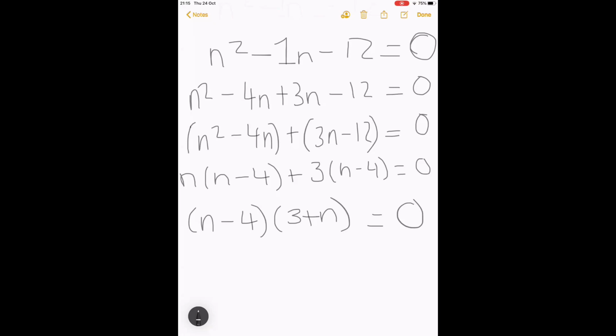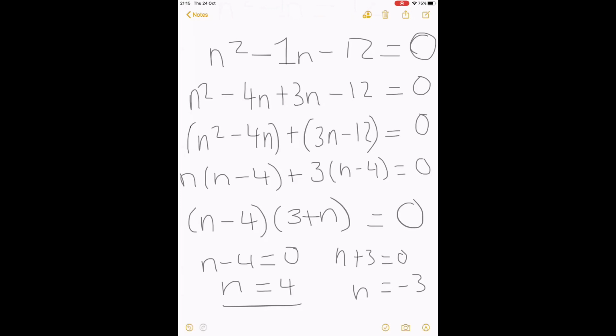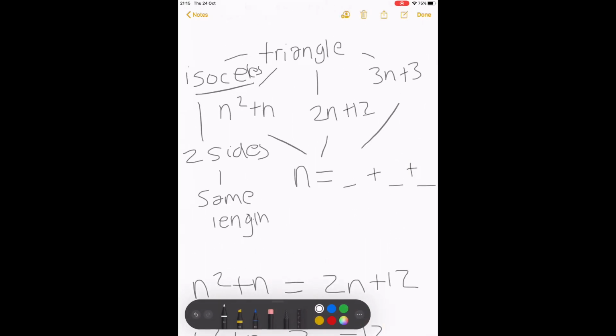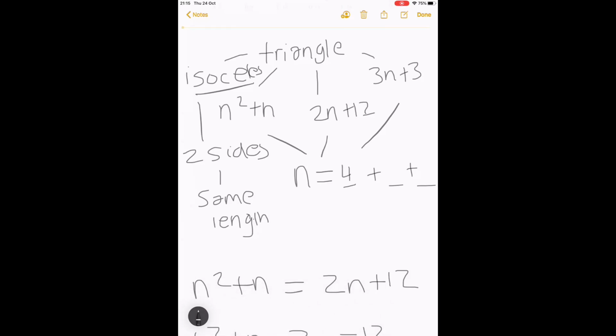If n minus 4 equals 0, rearranging it, n equals 4. And if n plus 3 equals 0, n would equal minus 3. We would choose n equals 4 because a side can't be minus x centimetres. So in one possibility, n could equal 4. That's our first possibility.